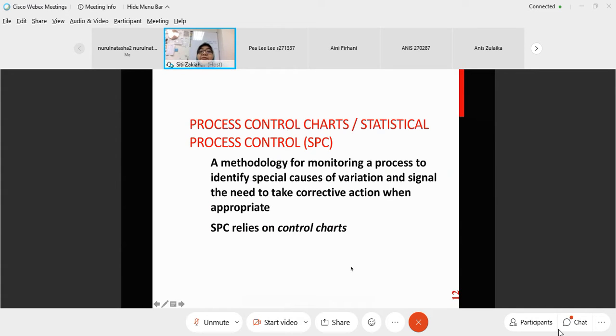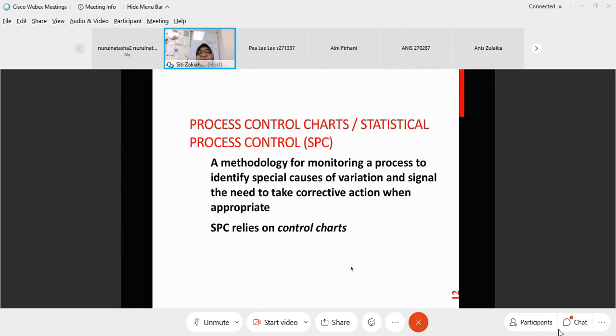Okay, process control charts is a method for monitoring a process. Kan, proses kan panjang, so it's a method to monitor supaya kita punya proses tu tidaklah salah terlalu lama, kan? Kalau macam kita buat manufacturing, kita tak tengok, sekali dah lepas 1 hari tengok, rupanya ada banyak non-random variation.